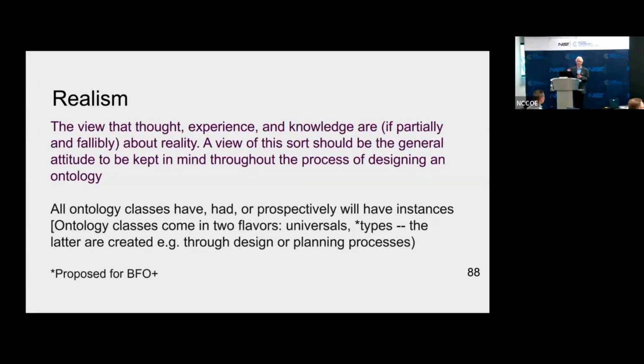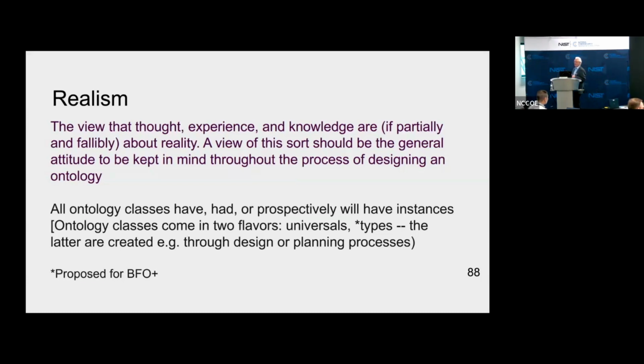How does BFO then manage to work with engineers who are involved in the design phase when there are no instances? For Aristotle, every universal always has instances. He doesn't leave any room for evolution or for production design processes.